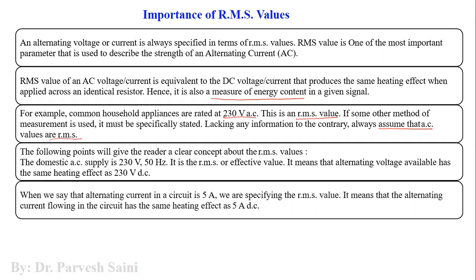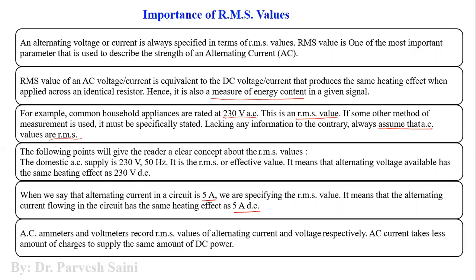So if some alternating current of 5 ampere, for example, is flowing in a circuit, that means that alternating current is producing the same effect in that circuit which is produced by a 5 ampere DC. So this is what the RMS value is technically.